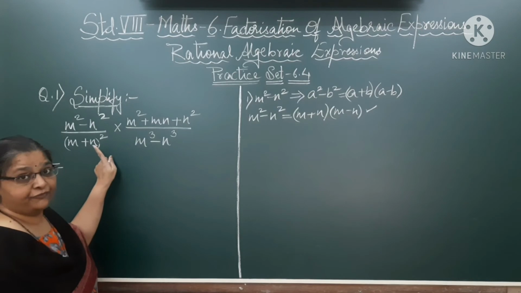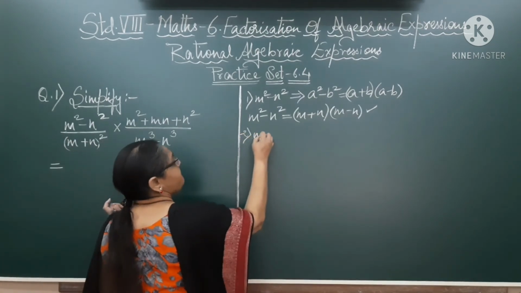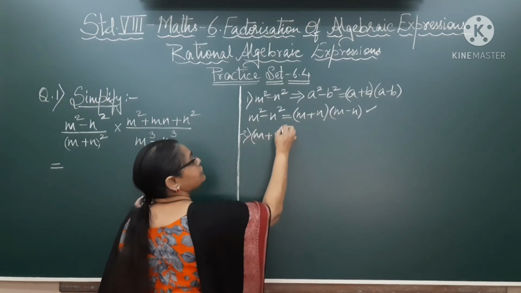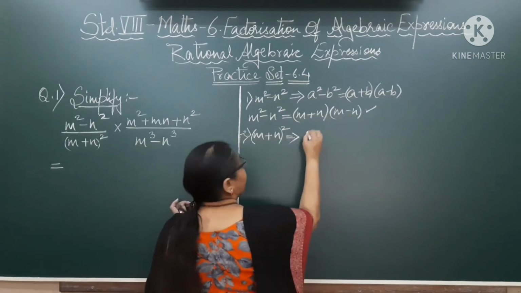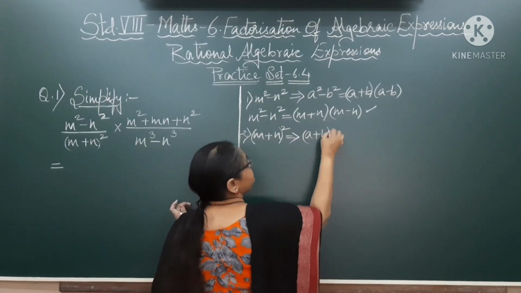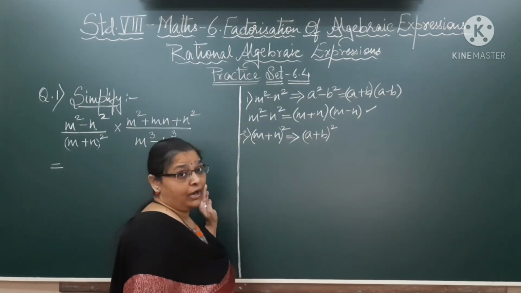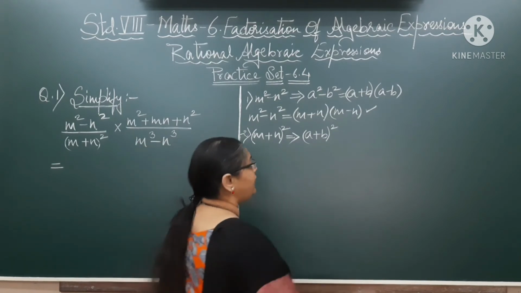Let us do the same for the second one in the denominator here. What is it? It is m plus n the whole square. This is in the form of a plus b the whole square. Now I know, and you all know, the formula of a plus b the whole square. What is the expansion formula?